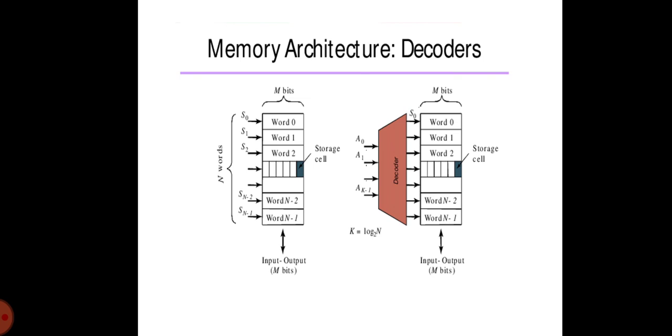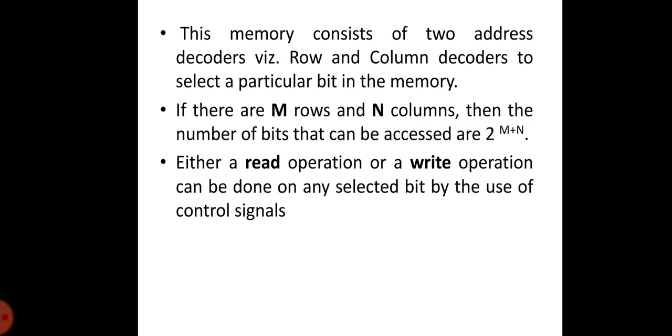And this is what memory architecture looks like. It consists of a number of word lines, each having some unique specific address, and we can do either read or write operation in random access memory, but only read operation in read only memory.